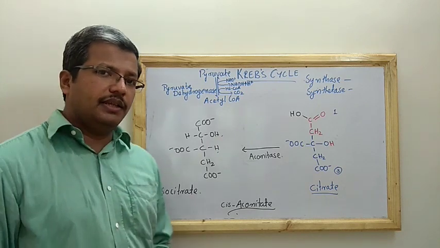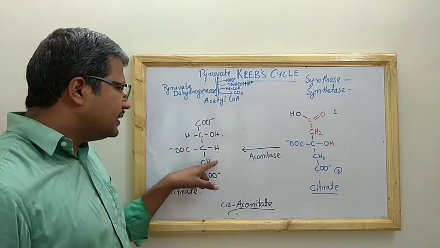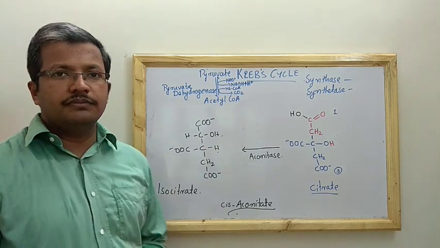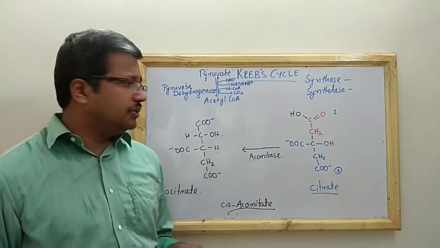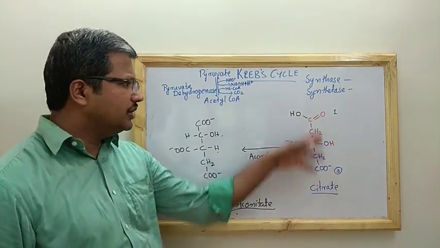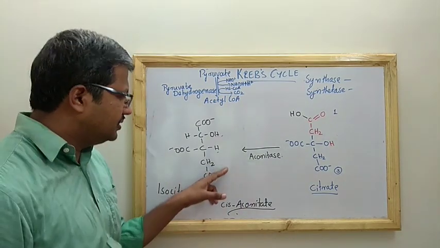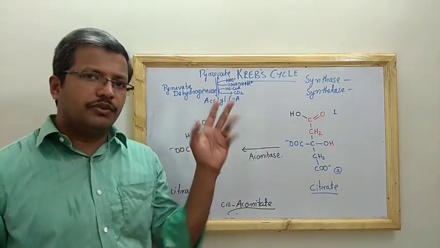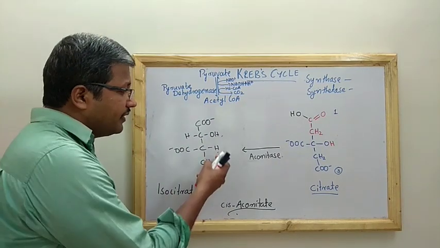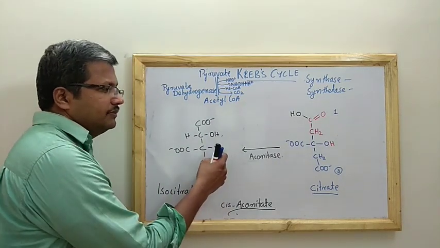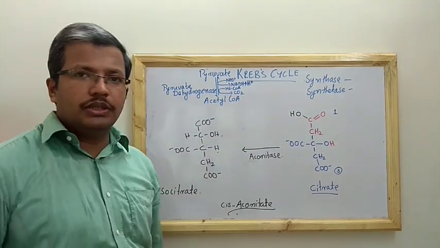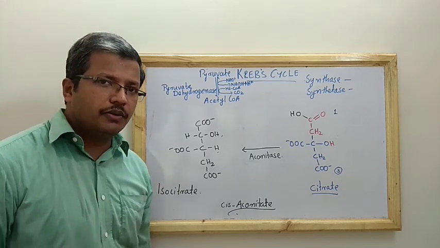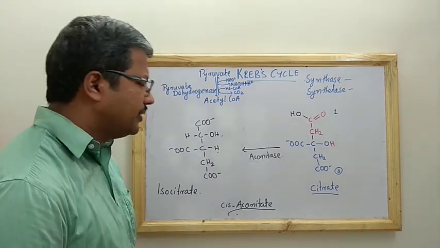Sometimes in some textbooks you can see this H and this OH swapped. There is no issue in that because it is almost the same structure, you are just turning it. So you don't have to worry about it. If you find the OH here and H there, just turn the molecule, that's all. Clear? So don't get confused when you see that particular diagram.